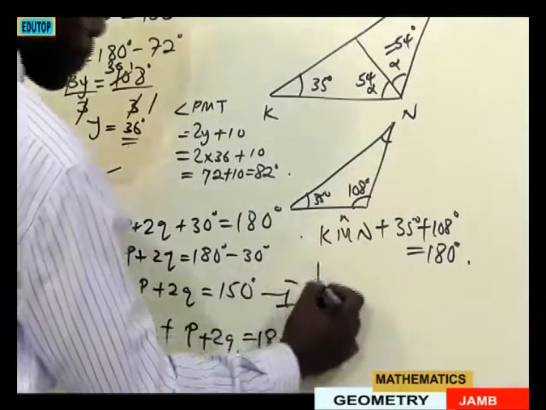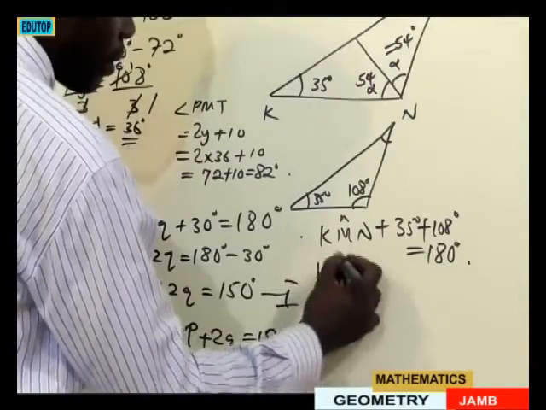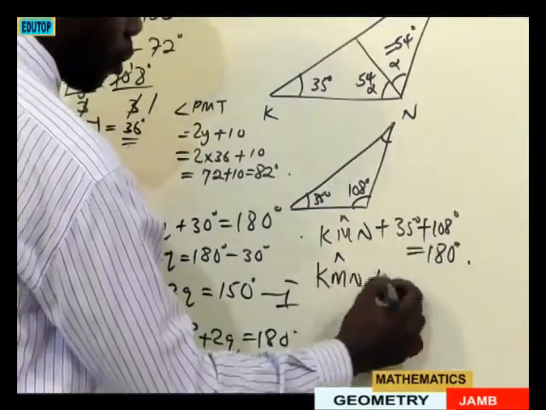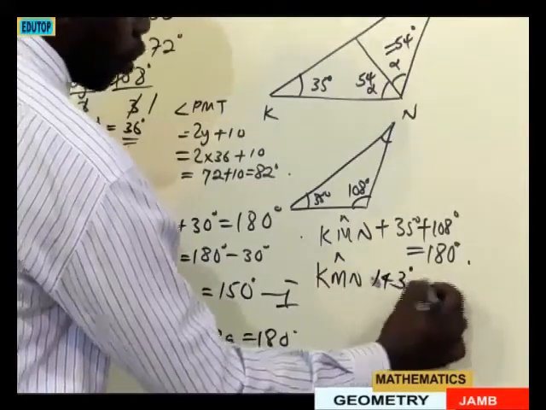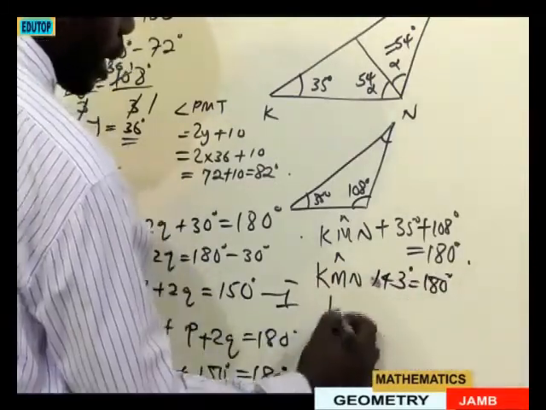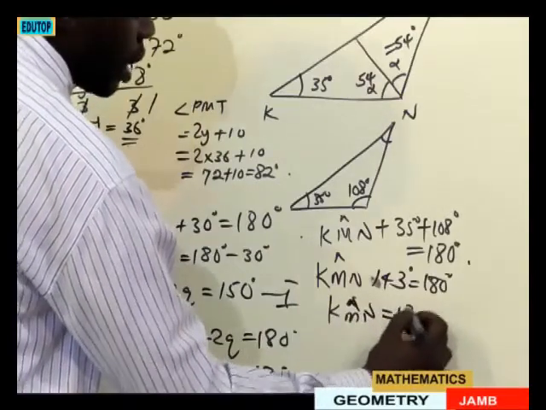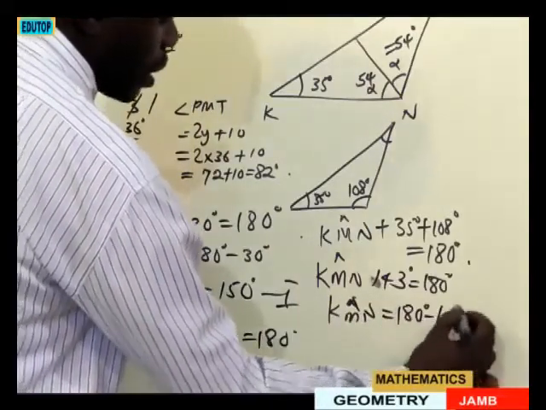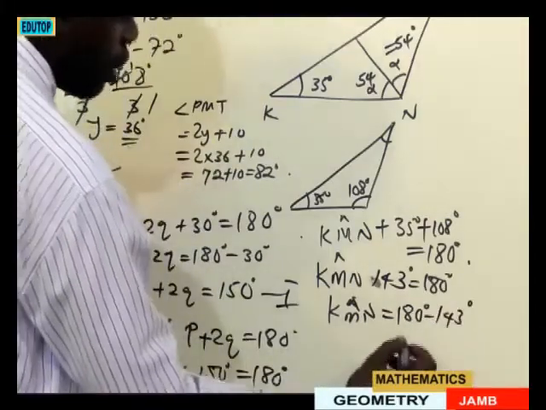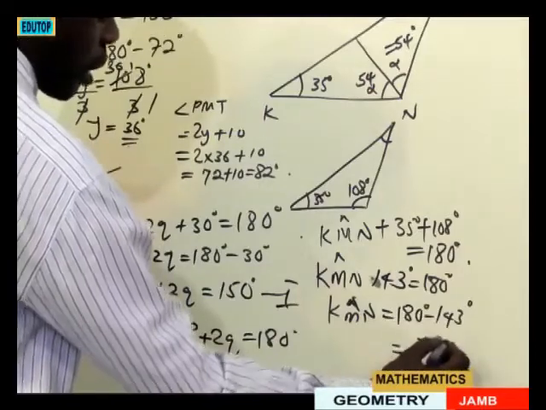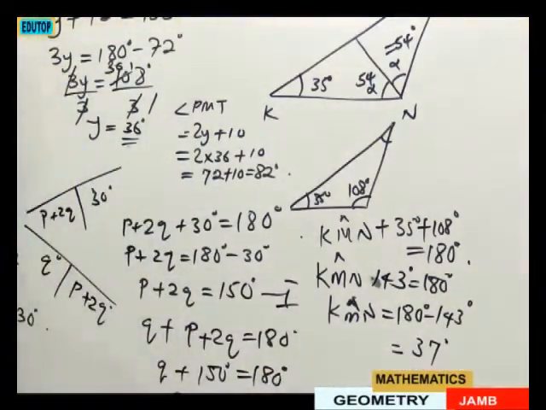Then KMN will now be equal to 35 plus this, that is 143 degrees, equals 180 degrees. Then angle KMN will be 180 degrees minus 143 degrees, and that will definitely give us 37 degrees. So go to our options and see the one that matches that, and that is option C.